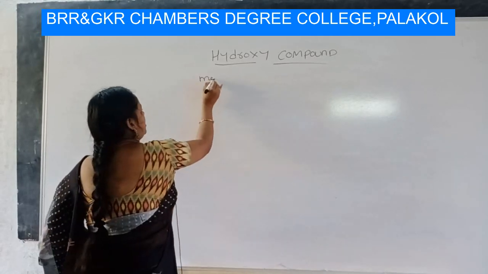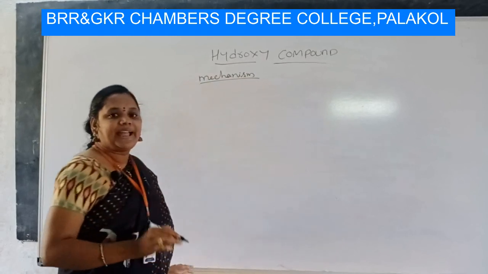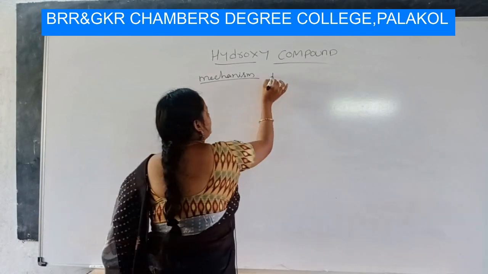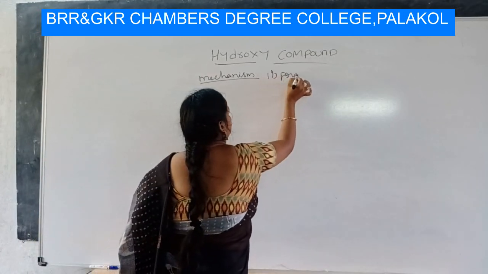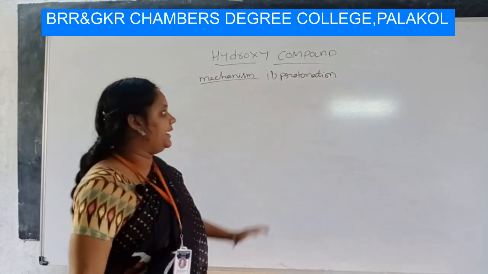So, the mechanism of dehydration of alcohols. The mechanism of dehydration of alcohols involves 3 steps, students. The first step is protonation of alcohol. I am not writing completely, so write it down.